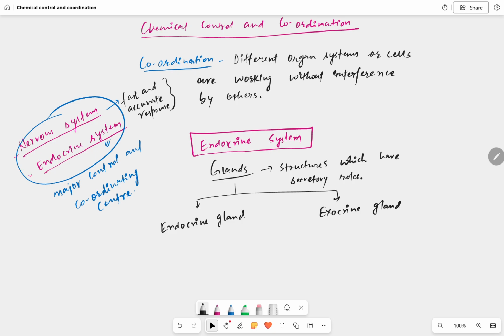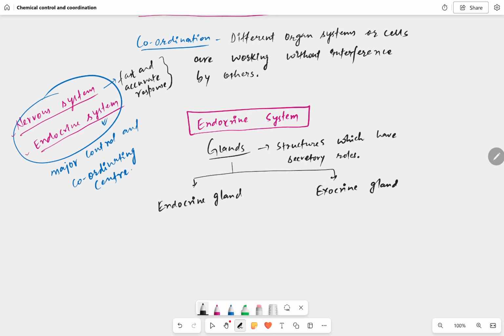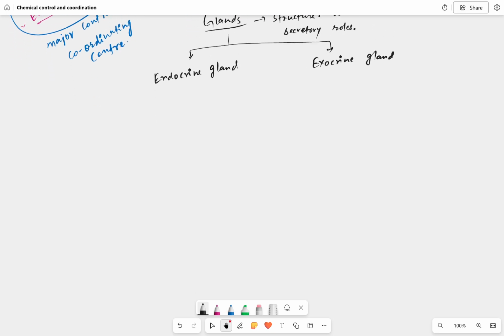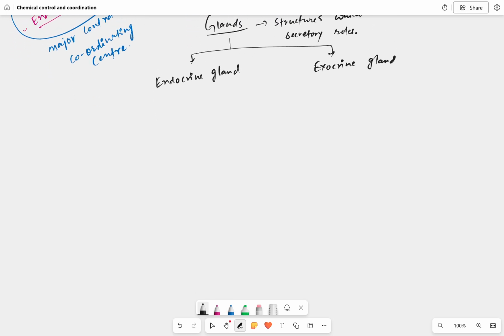Okay, so glands are basically of two types, the endocrine gland and exocrine gland. Now, what is endocrine gland and what is exocrine gland?